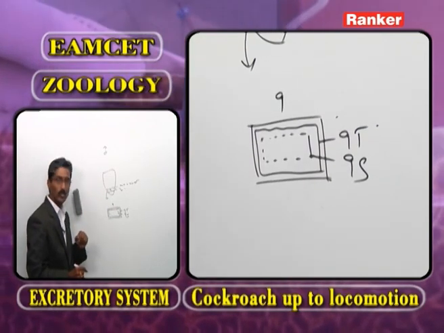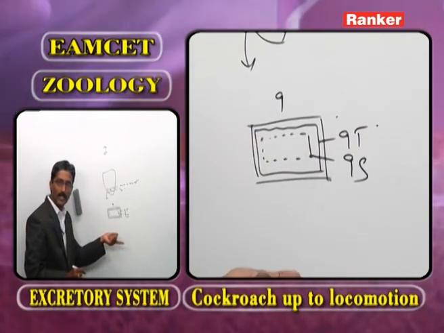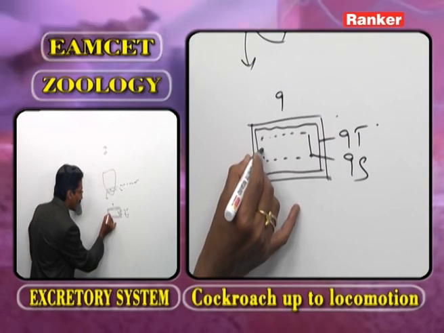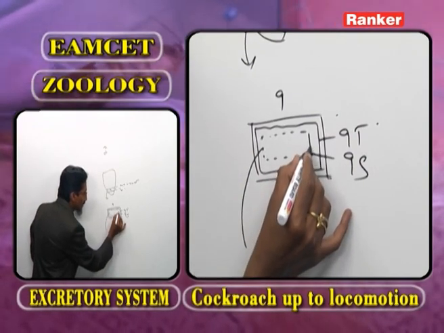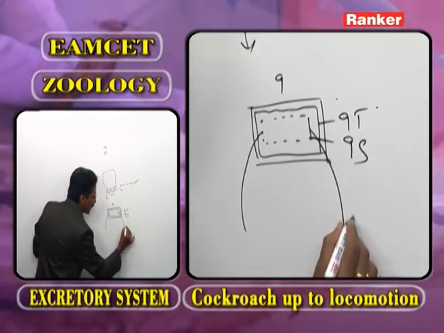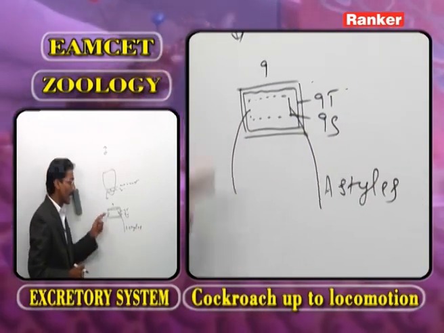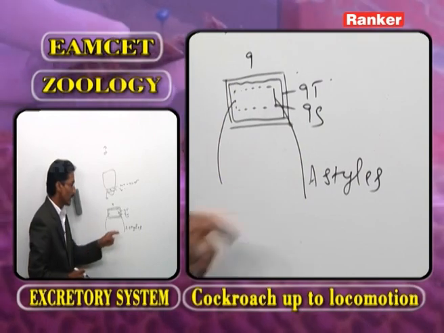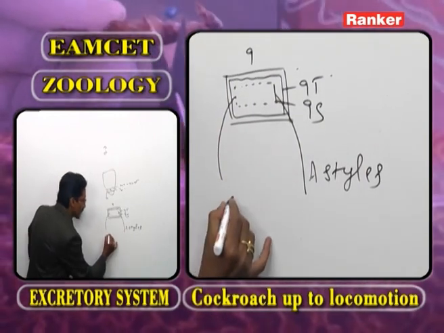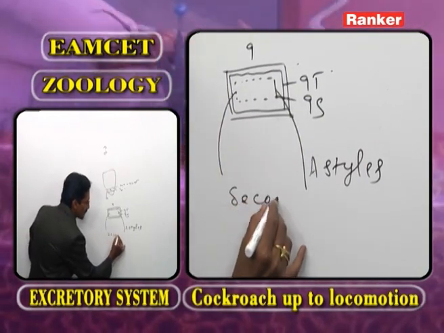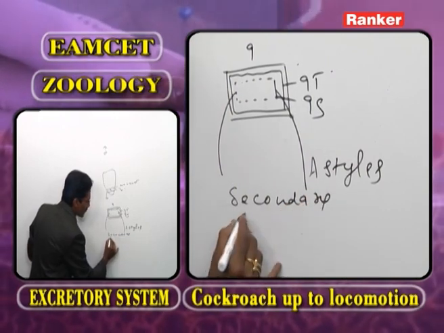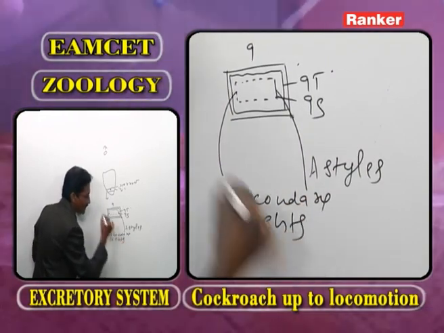In the male cockroach, on the ventral side of the body, attached to the 9th sternal plate, what are present? Anal styles. They are absent in the female cockroach. The anal styles are an example of secondary sexual characters.